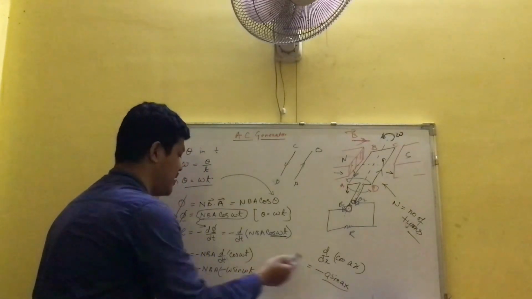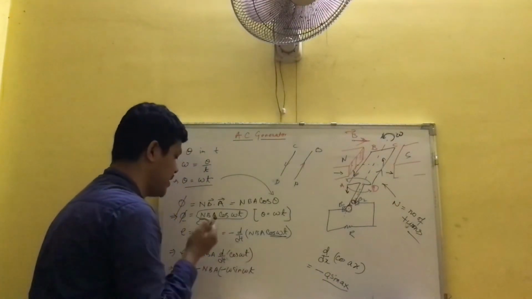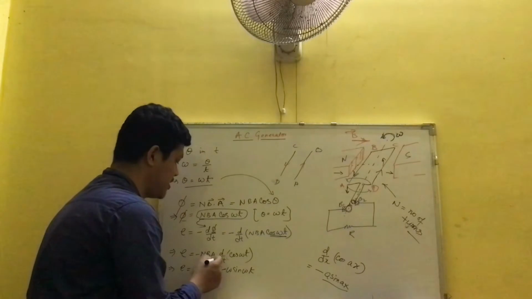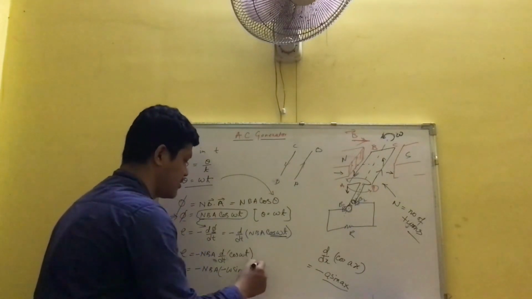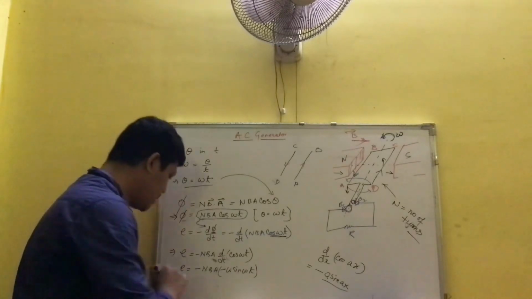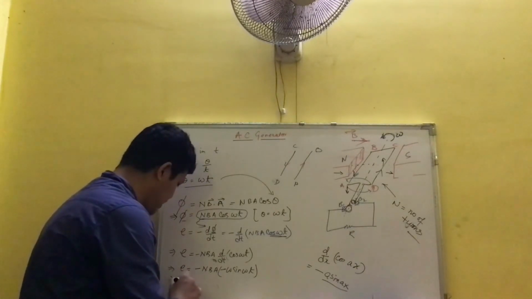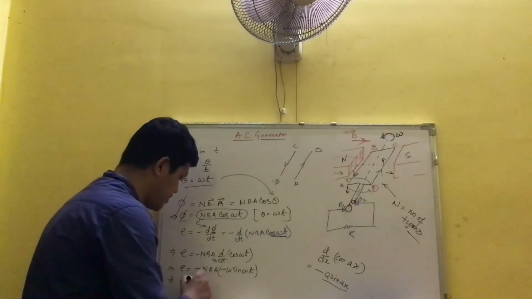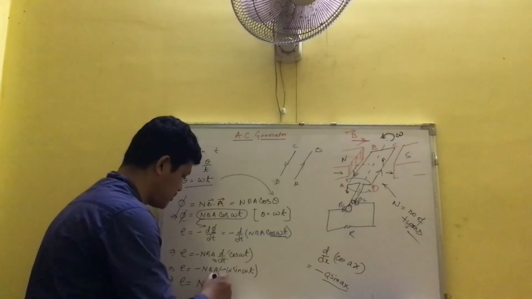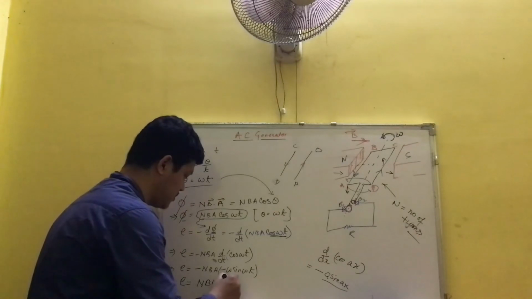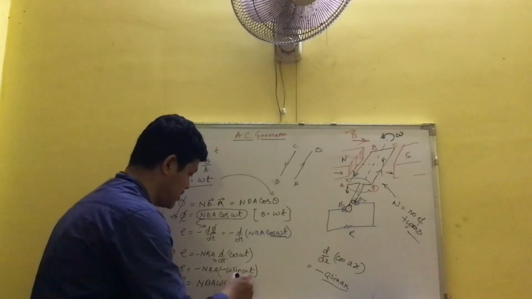Now consider this a as omega and t as this x. Here we are differentiating with respect to t, and in that formula it was x. So E is equal to, minus minus plus, so finally this is the answer: n B A omega sin omega t.